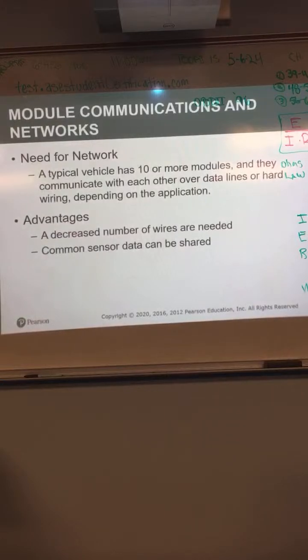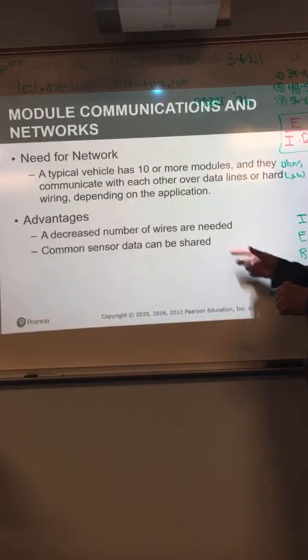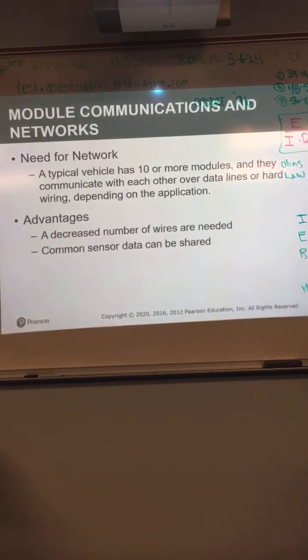Common sensor data can be shared. That means you can have one coolant temperature sensor for the engine, and all of the controllers can share that information because a lot of other controllers want to know what the engine temperature is. Just as an example, okay?